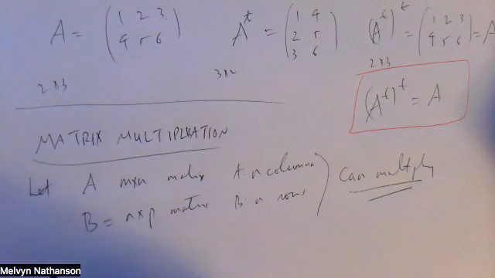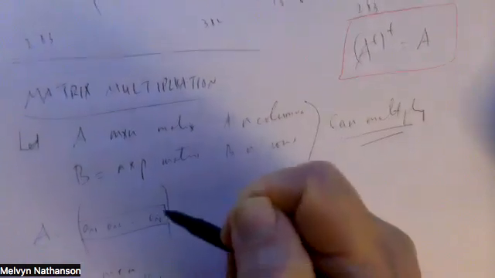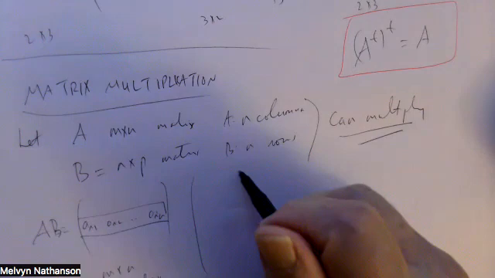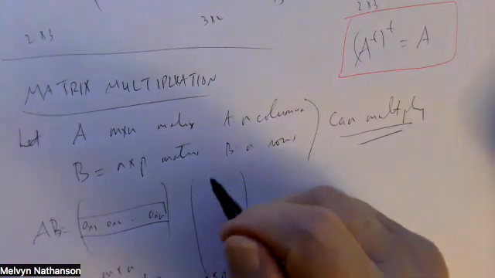And the idea is, if A is an M by N matrix, here's the ith row, AI1, AI2, up to AIN. And B is an N by P matrix.